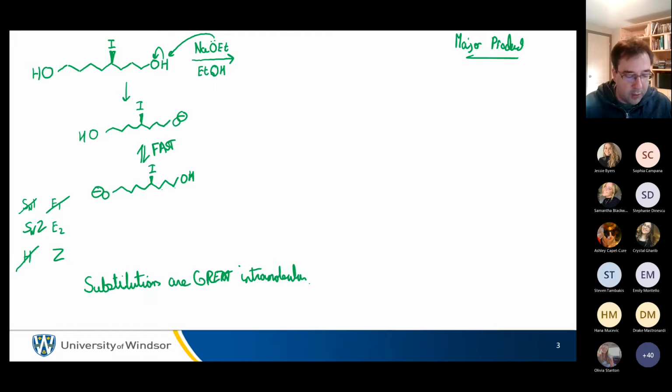So the question I've got then is which of these reacts to make the ring? The right-hand oxygen or the left-hand oxygen? If they're the same, that doesn't matter. But if they're different, then it does. The products are different.